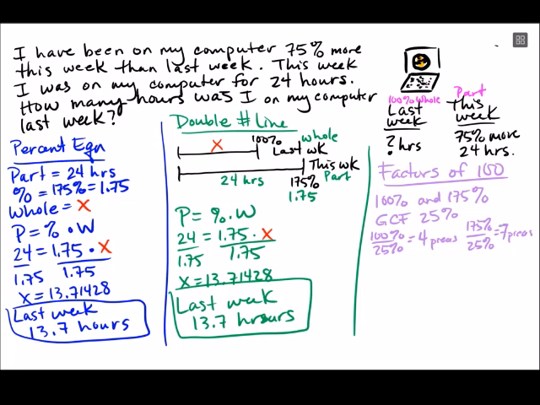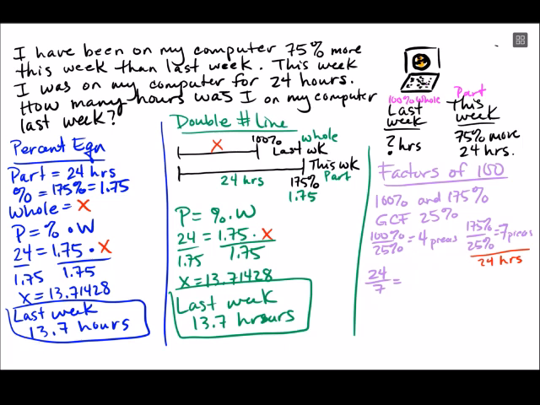Now, which one of these do I know? I know this one right here. I know that this is the same as 24 hours. So I am going to take my 7 pieces and I'm going to take 24 and divide it up into 7 pieces.